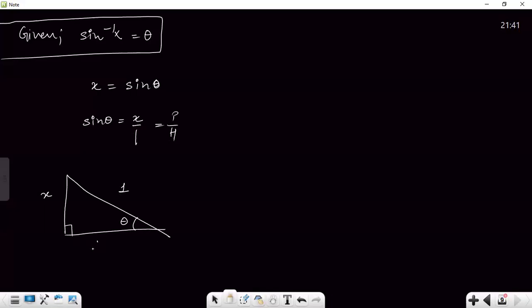Using Pythagoras theorem, the base is square root of 1 minus x square. Sine theta is x by 1. Similarly, cos theta is what? Base upon hypotenuse, which is square root of 1 minus x square by 1. Simple. So theta can be written as cosine inverse of square root of 1 minus x square.